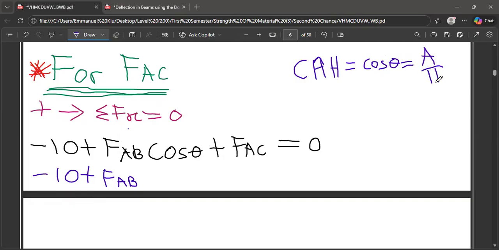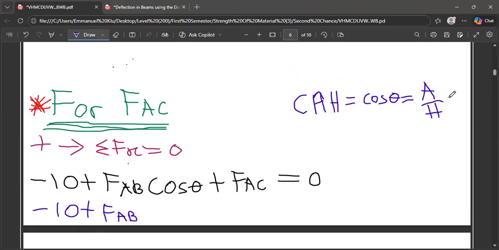In this case, our adjacent is 3 and our hypotenuse was 5. So that is what we are going to put in there. As simple as that.